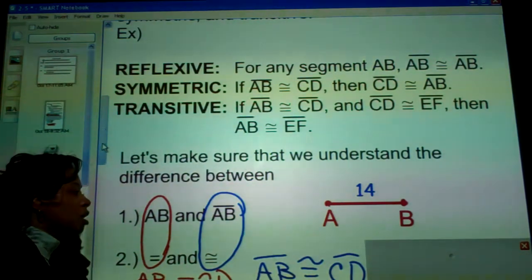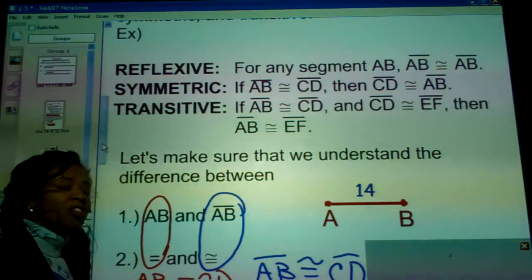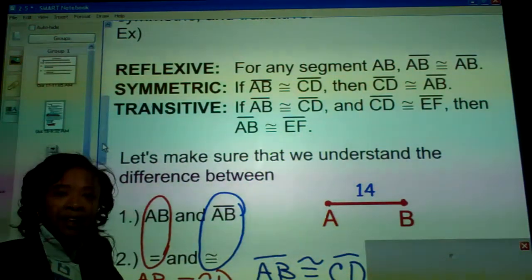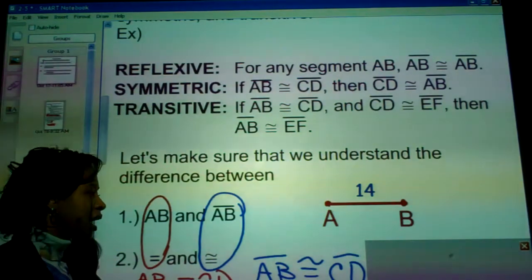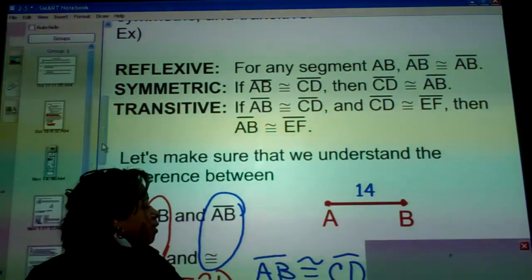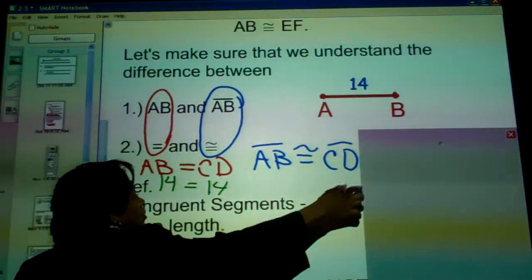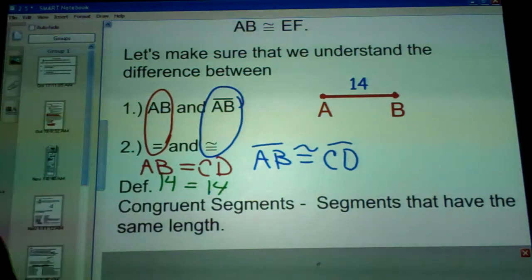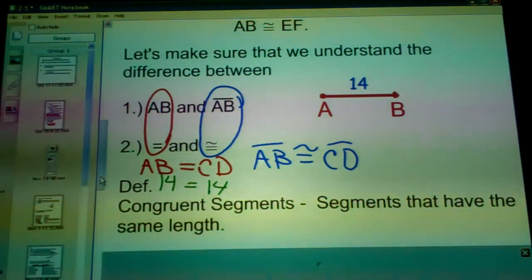Now what I'm trying to tell you is this: I want you to know that they are the same shape, same size, same length. Don't put the actual number. Just know that they're the same size and same shape. Very different, but the same. Okay? Again, congruent segments are segments that have the same length.